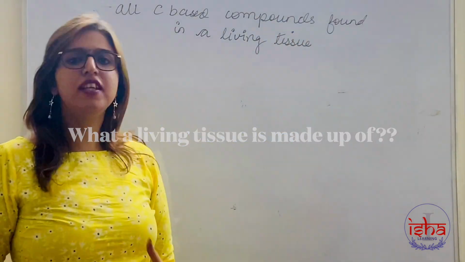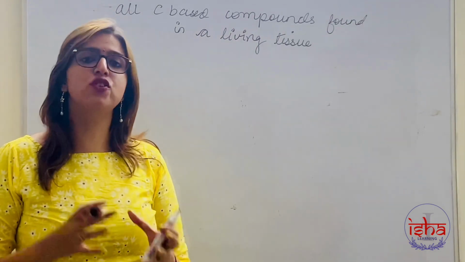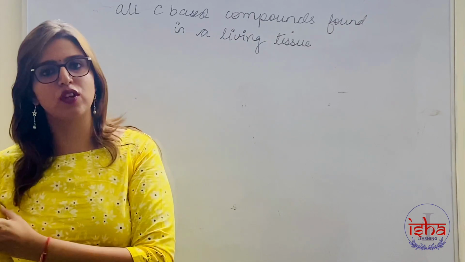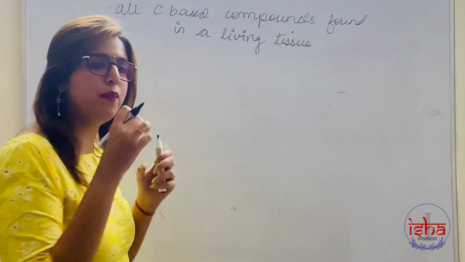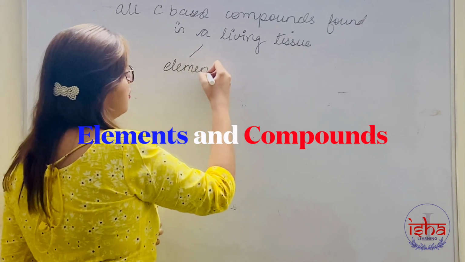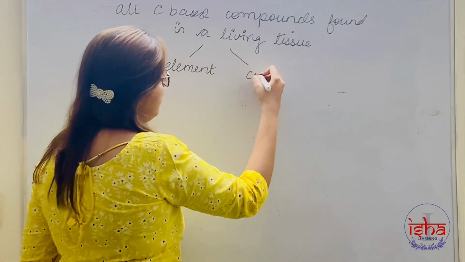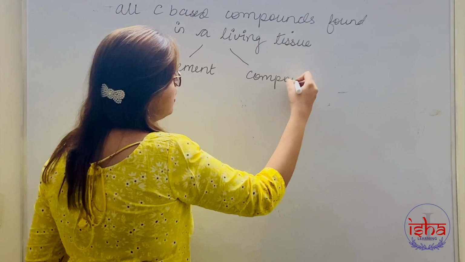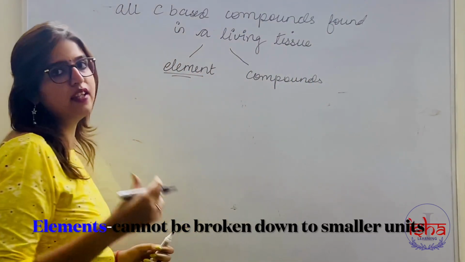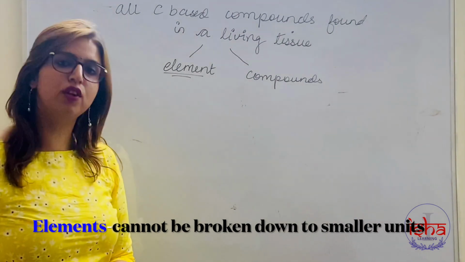Well, any tissue, any cell that eventually forms an organ system that makes an organism is made up of, on the basic level, elements and compounds. Okay, elements and compounds. So what are elements and compounds? Well, elements are those substances that cannot be broken down into smaller units.